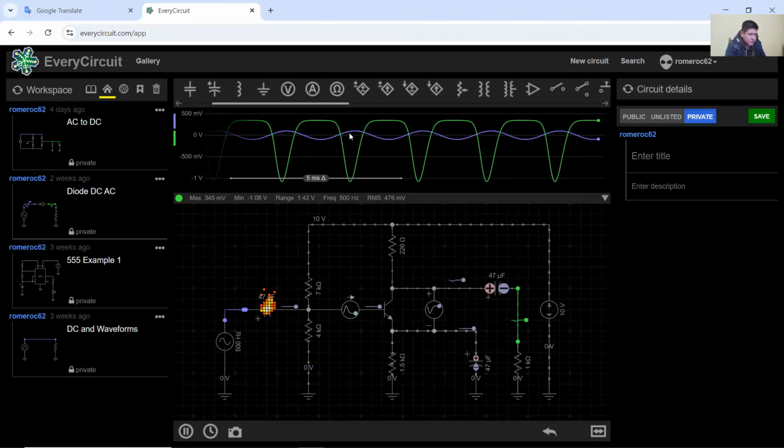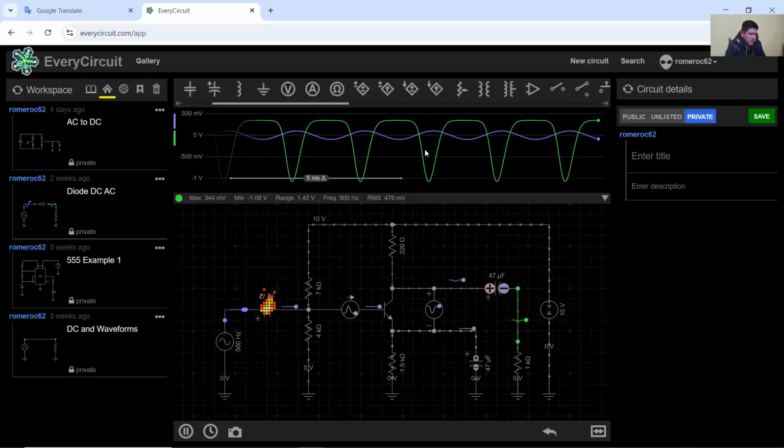Okay, the input is a sine wave, but the output is not very good. The output does not look like a sine wave.